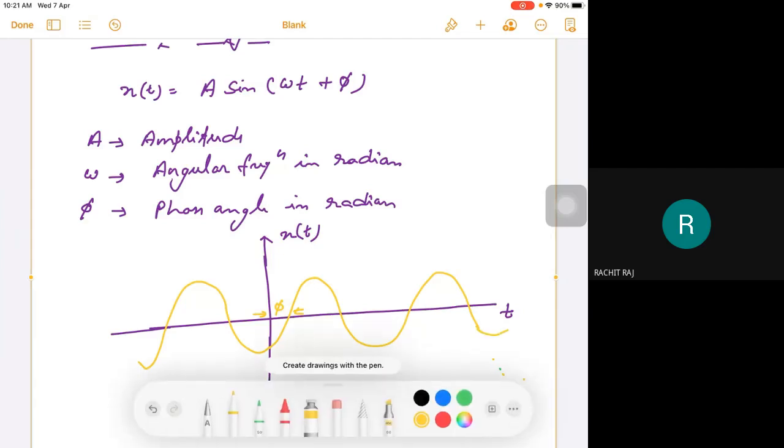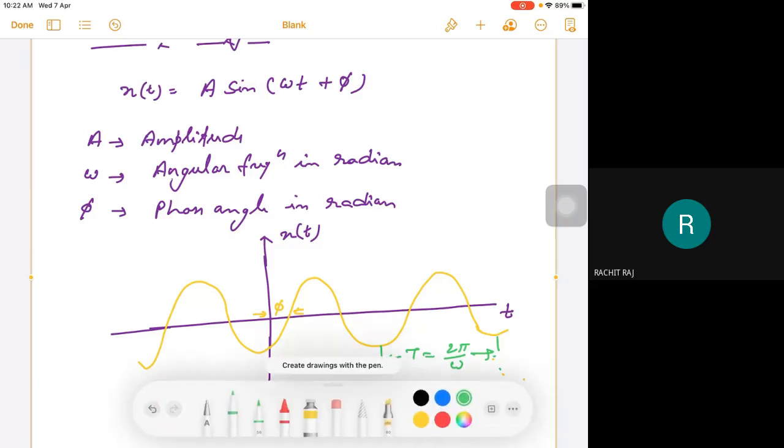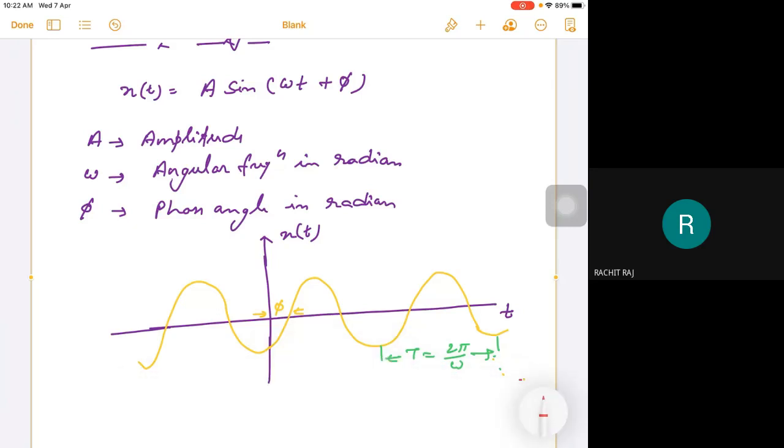So t equal to 2 pi upon omega, that will be the period of this. The period of the continuous time sinusoidal is given by T equal to 2 pi upon omega, the time period.